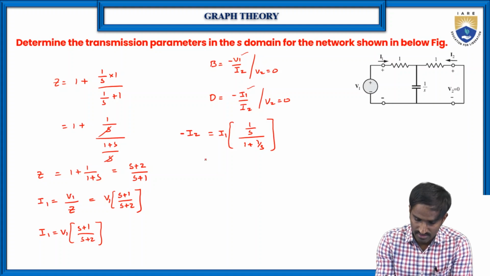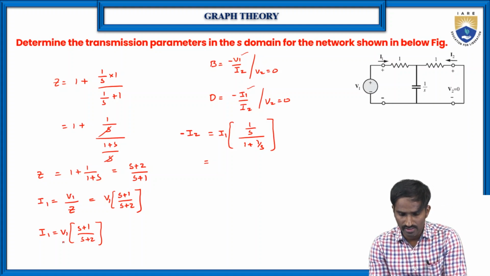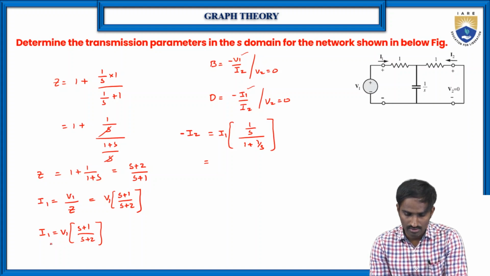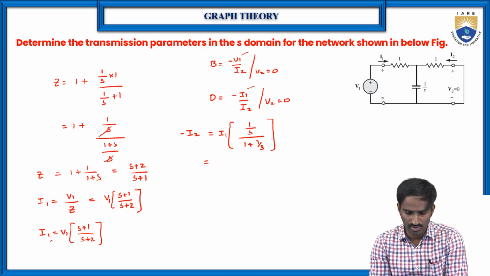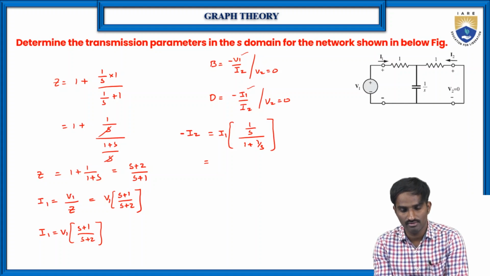If you simplify this, because what you have to find here is V1 by I2, we can find I1 from this, and in the place of I1 you can substitute this so that you can eliminate I1, so that we can find either V1 by I2 or I1 by I2, right?